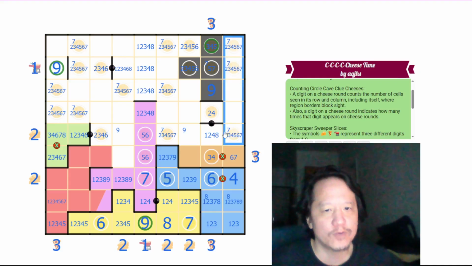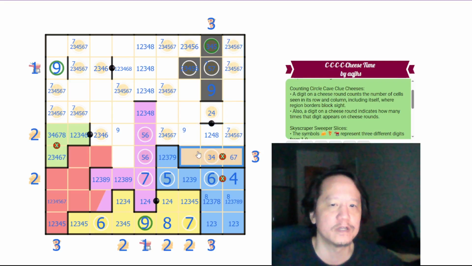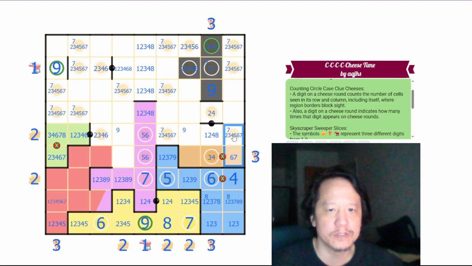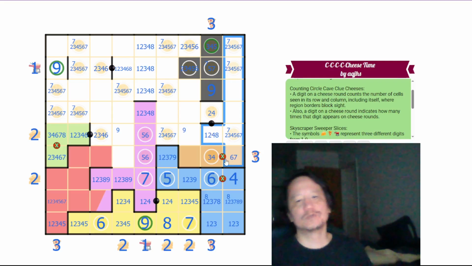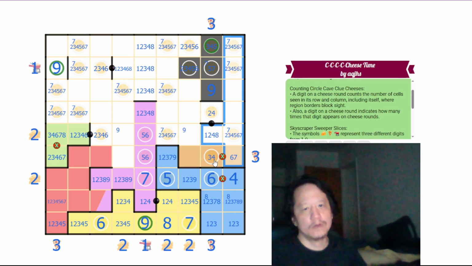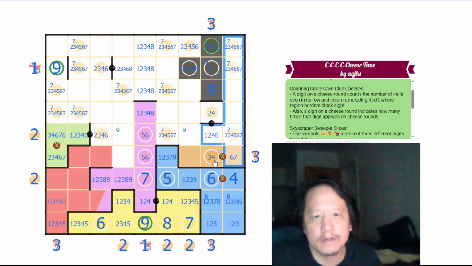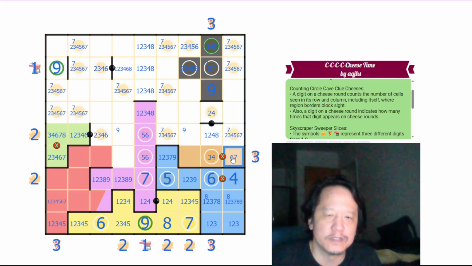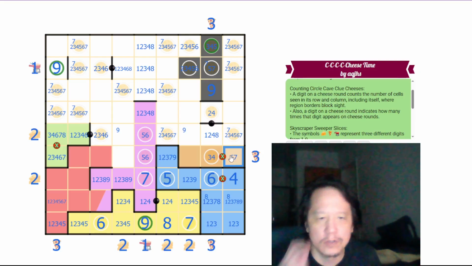If it's not part of orange, it would see 5 here and 2 here, but that would block the orange from orthogonally connecting to another region. So it would have to be part of orange. It would see 1, 2, 3, 4, 5, 6, 7. And then this would be... Oh, yes, that would be 4 and 6, and that would work.